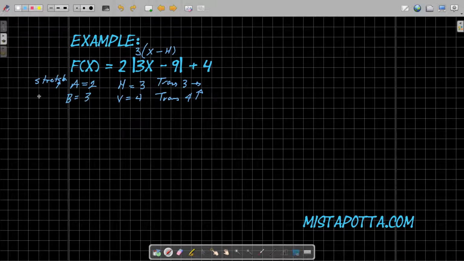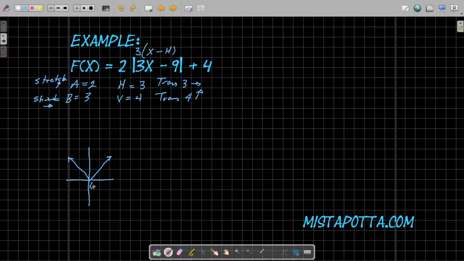And because b equals 3, we're going to have a shrink horizontally. So all 4 of these things have to happen in order for us to graph this function. Keep in mind that we're starting with the traditional absolute value function. So I'm going to put the graph here, and as we did before, I'm also going to label a few of these characteristic points so I can see what's happening.